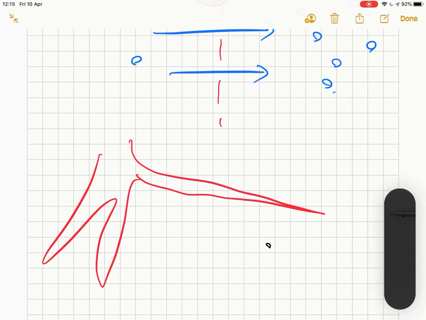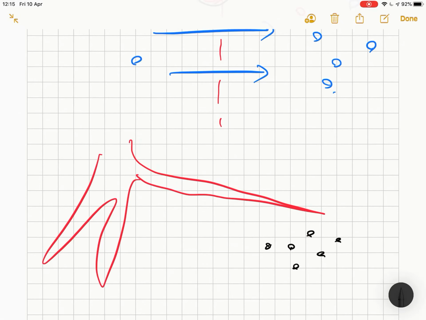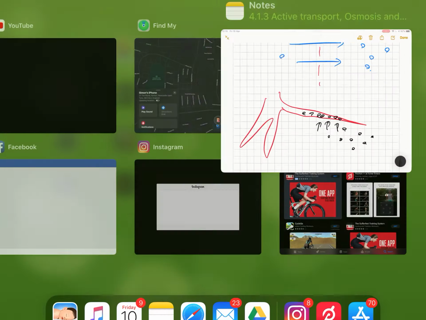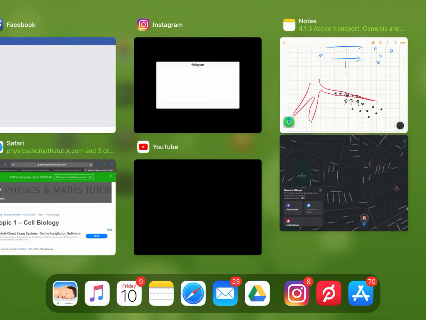So here are the roots, and in the soil we have a lower concentration of these minerals, things like potassium and magnesium that are needed in the leaves for photosynthesis and for making chlorophyll, things like that. We have a higher concentration in the roots than we do in the soil, but we still take it in because we're going to use it. It's important stuff. So that's what active transport is, and that's the difference between diffusion, active transport, and osmosis.